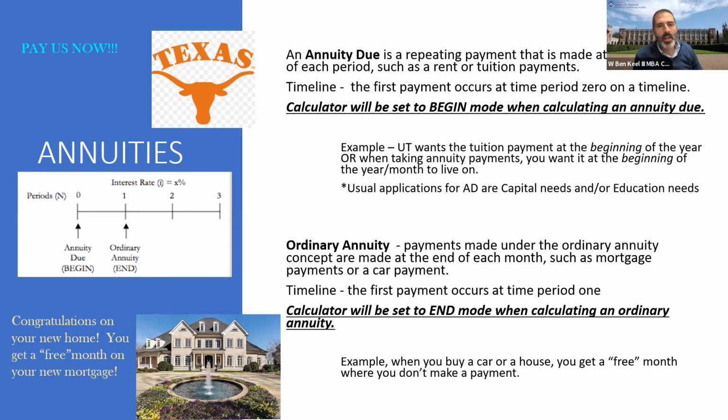What we've got to not get confused with here is that annuity is also a product. There are annuity products out there that are insurance, but the real definition of the word annuity is systematic periodic payments. What we're referring to when we do time value of money calculations is consistent payments over time.